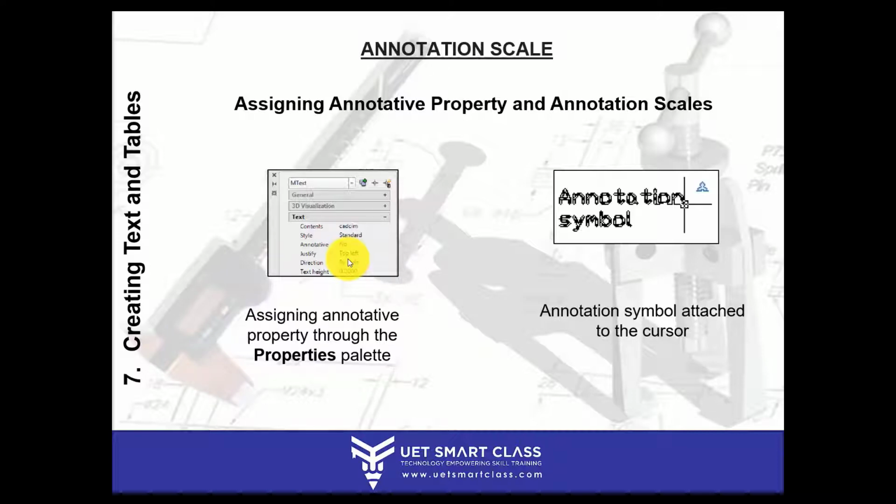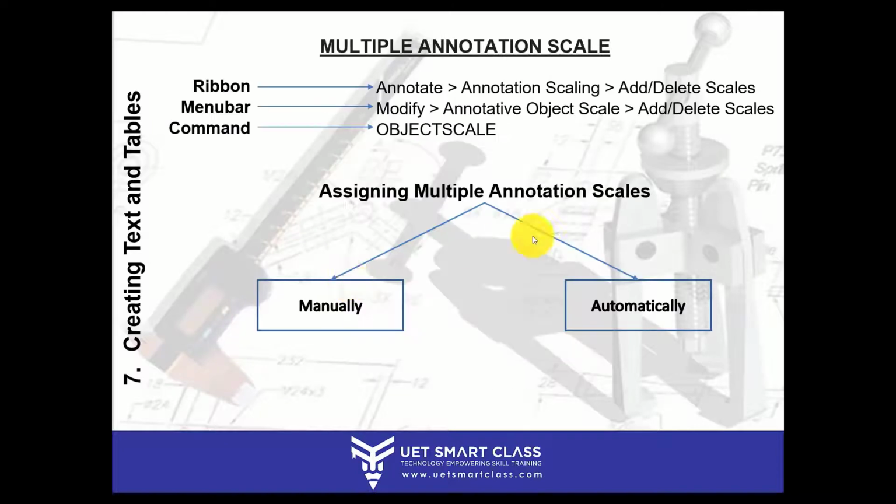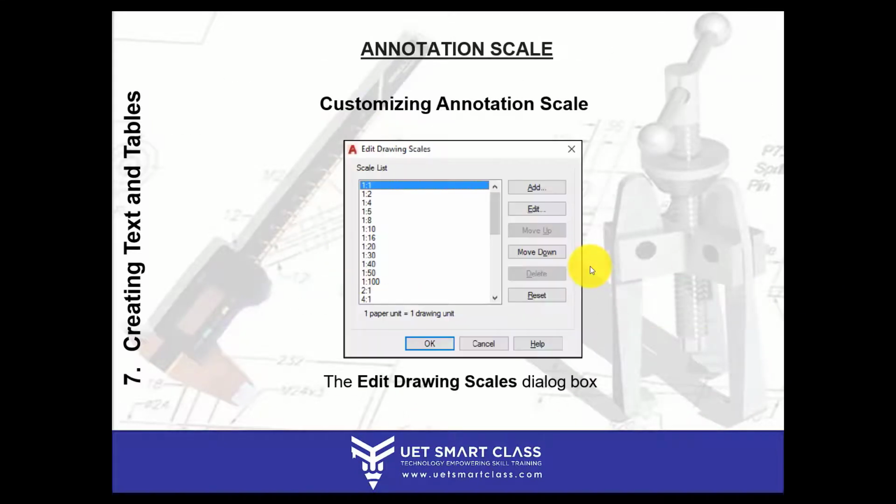That time I was not using the annotation scale feature. That's why I had to change it again and again manually, because this can be done two ways: one is manually and one is automatically.